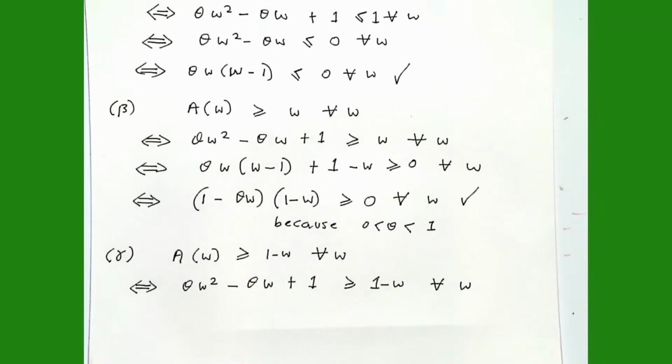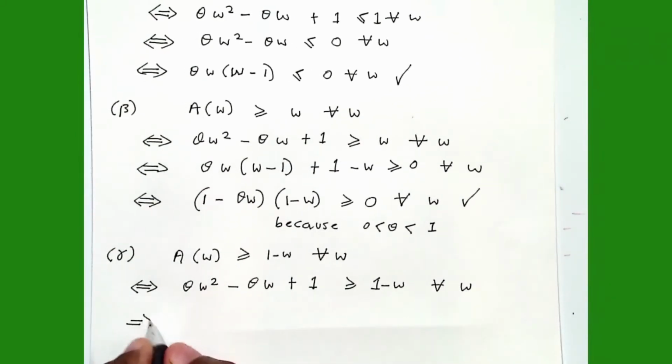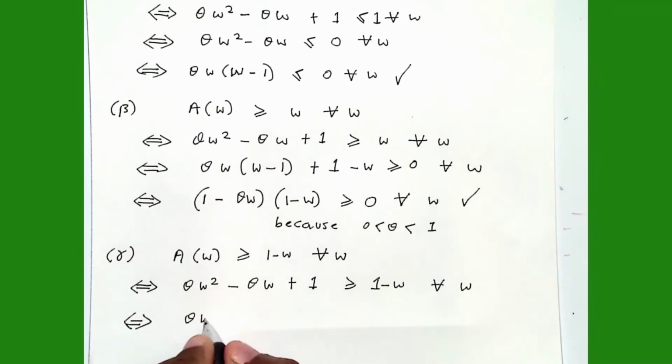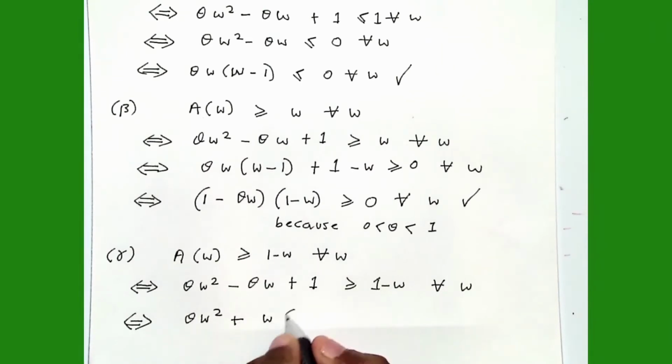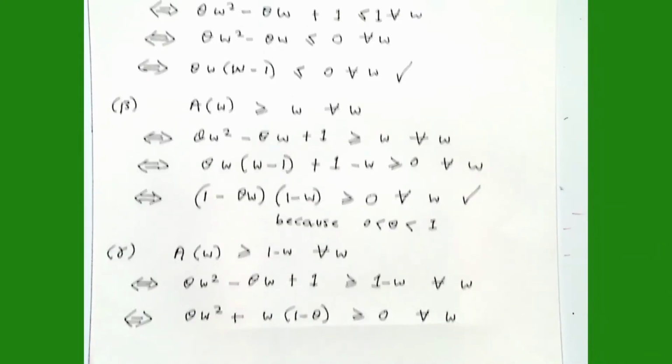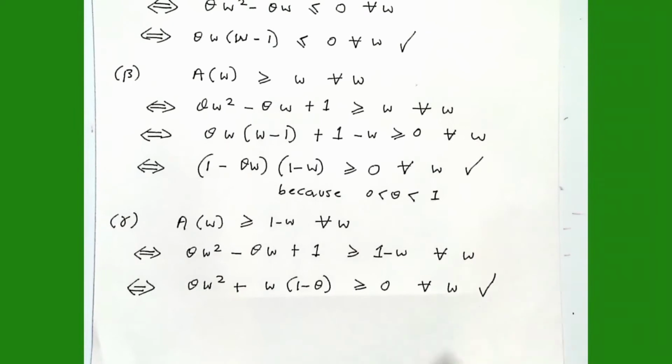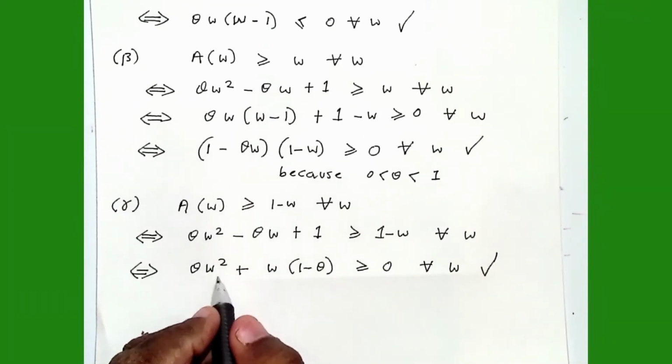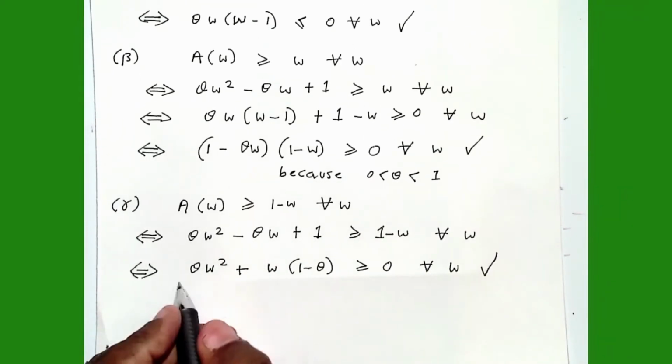Alright, so this becomes theta w squared plus w times 1 minus theta greater than or equal to 0. Alright, and this is true once again because theta w squared is non-negative, right?